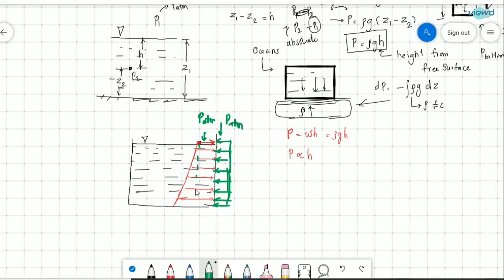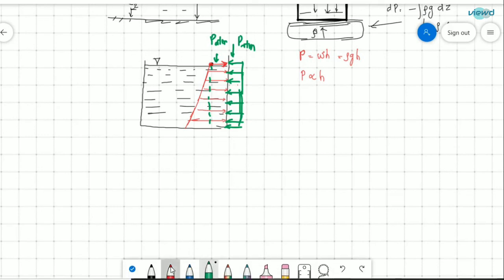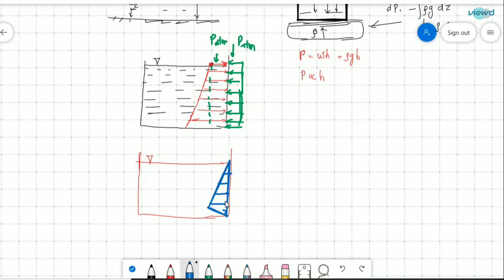And the resultant pressure distribution will be like this. This is the resultant pressure distribution.